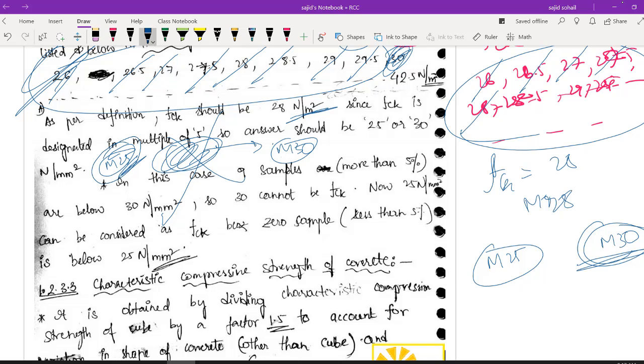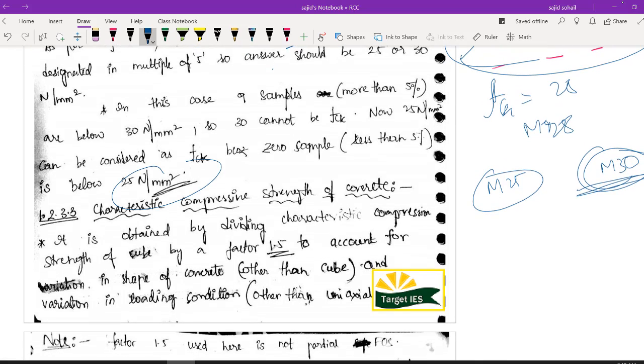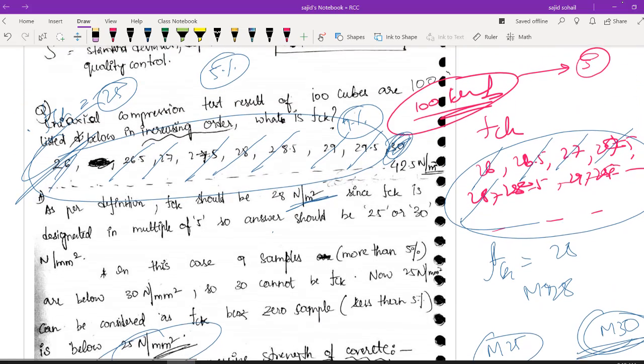But if you are assuming the strength is less, it can bear only 25 Newton per mm square. This concrete can easily take this much amount of load and your structure will be safe. I hope you got the concept behind this, right? Perfect. So you have to represent it as 25 Newton per mm square characteristic compressive strength. I hope you got the concept, right?